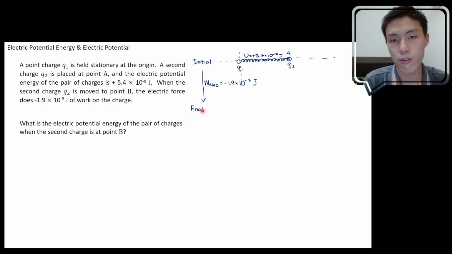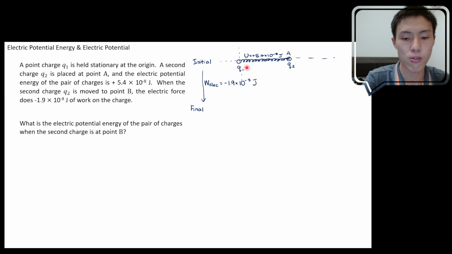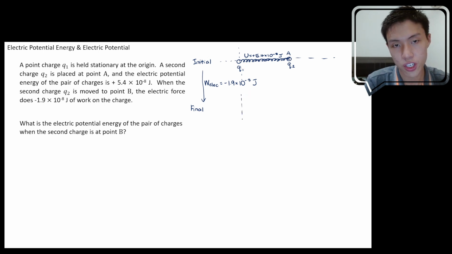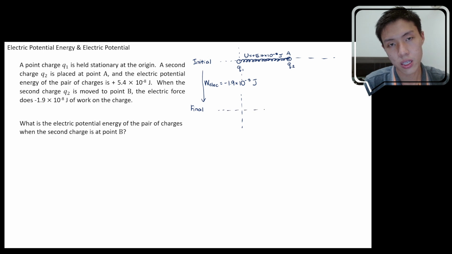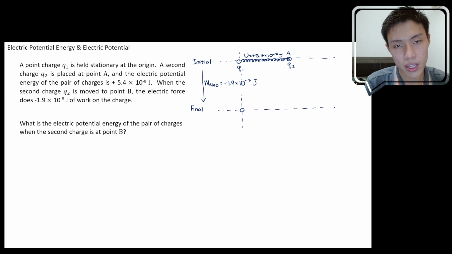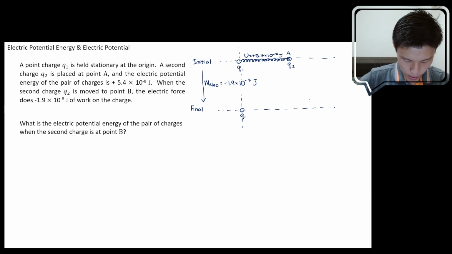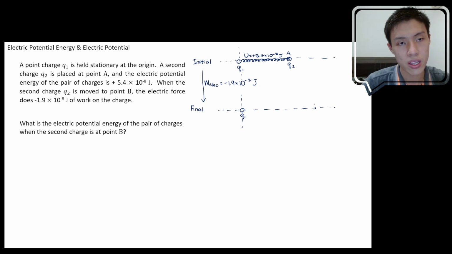In the final situation, Q2 is moved from point A to point B, but they didn't mention Q1 being moved. So we can draw the same origin, and Q1 remains at its initial position, but Q2 has been moved to another point. We don't know whether point B is nearer or further away from Q1, so let's simply assume. This diagram is just for our understanding.